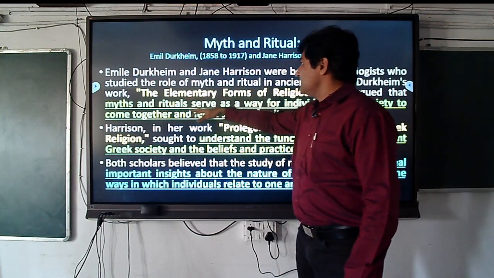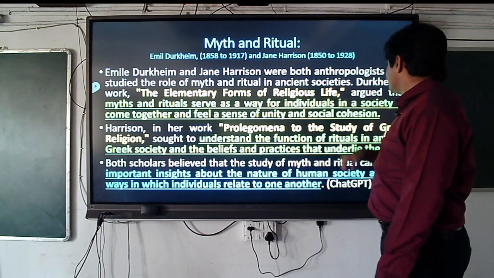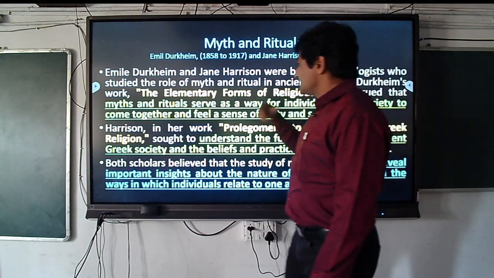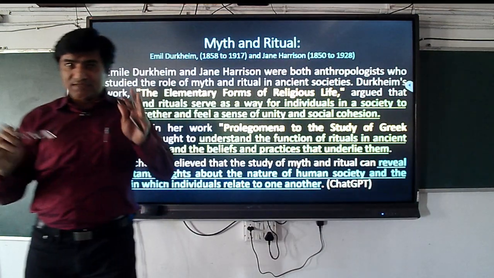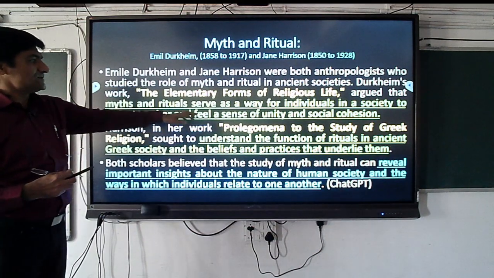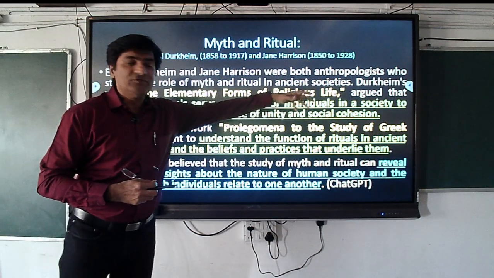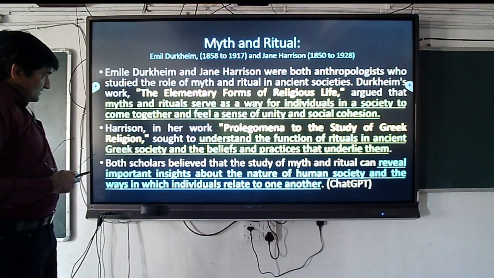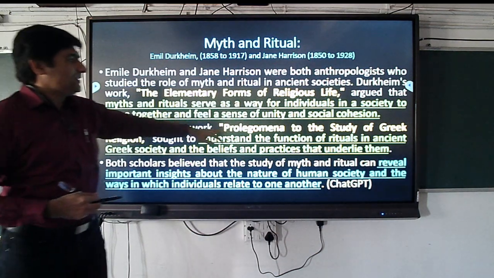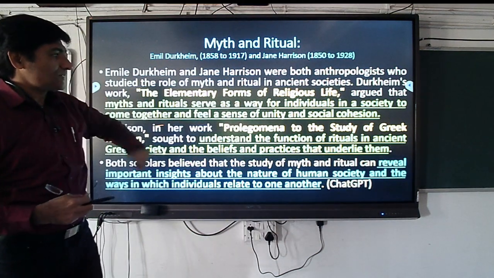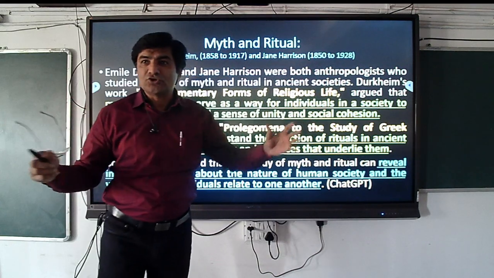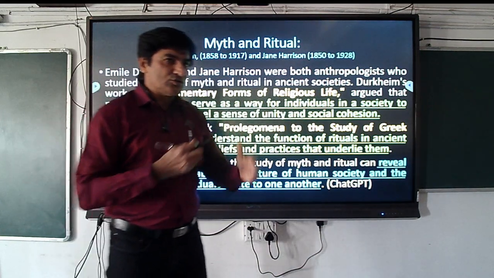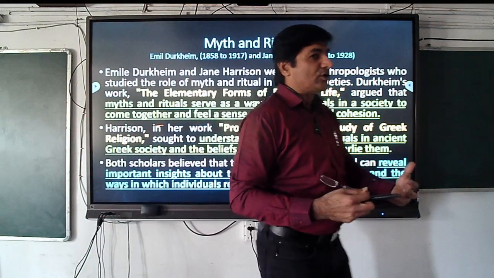Durkheim's work, The Elementary Forms of Religious Life, argued that myths and ritual both serve a purpose for the individual in society to come together and feel a sense of unity and social cohesion. So, what role does this play, or how do they emerge?